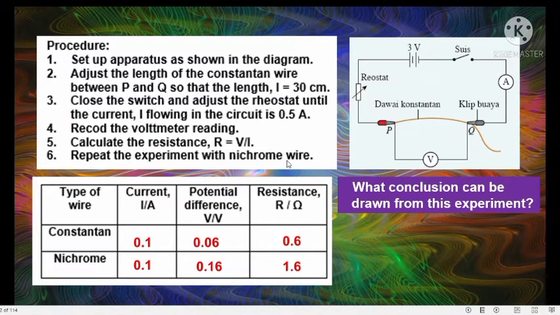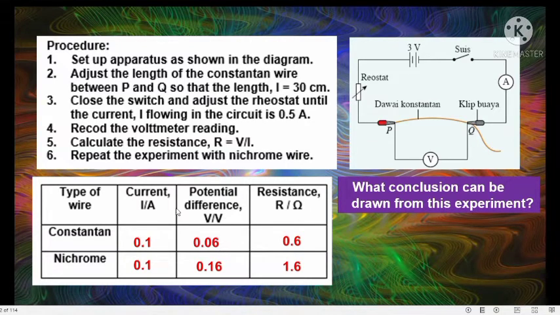Repeat experiment with nichrome wire. If you want to have 5 sets of data, you can have 5 different types of wires. In this experiment, we just use 2 types, constantan and nichrome, just to differentiate between different types of material. So constant current 0.1. Record the value of V for every type of wire. So we get for constantan 0.06.